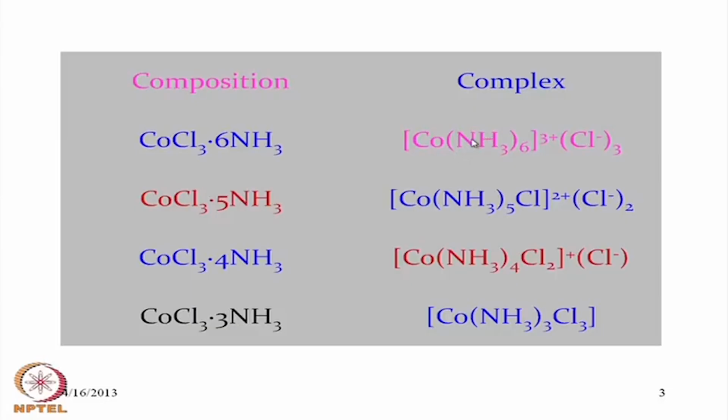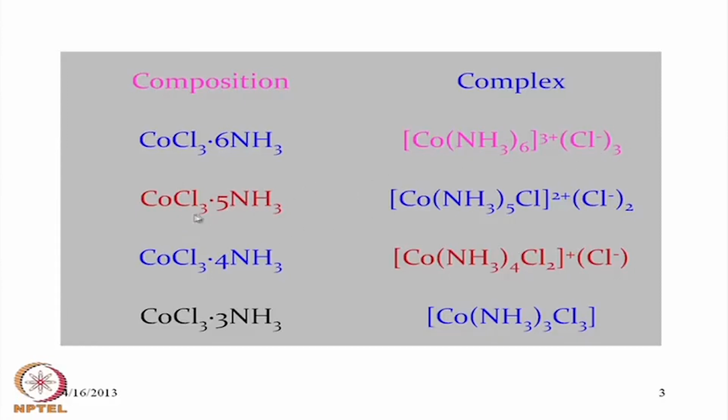We have 6 ammonia groups attached to the cobalt, and we write them in square brackets, and this square bracket tells us that within it we have not only the cobalt but also the ammonia molecules, and the stoichiometry of cobalt and ammonia is 1:6. That means whenever we have one cobalt center, we have 6 ammonia groups surrounding it. And in the second sphere of attraction, we have 3 chloride anions.